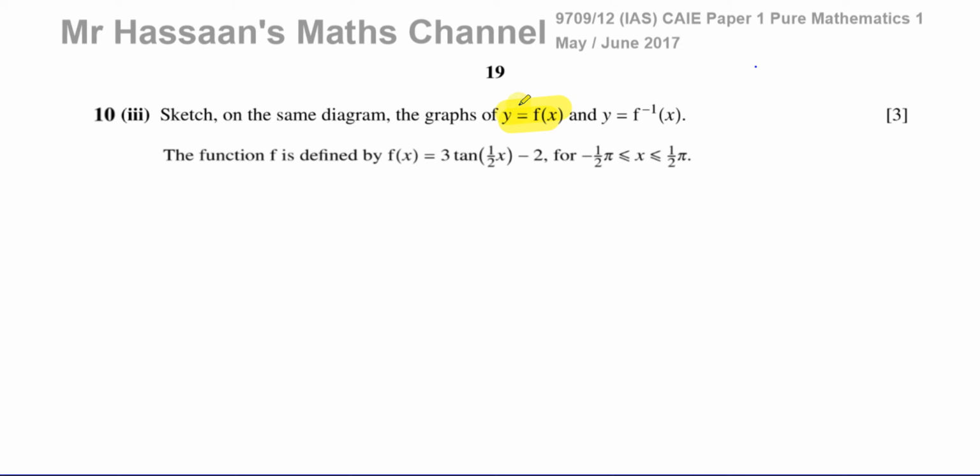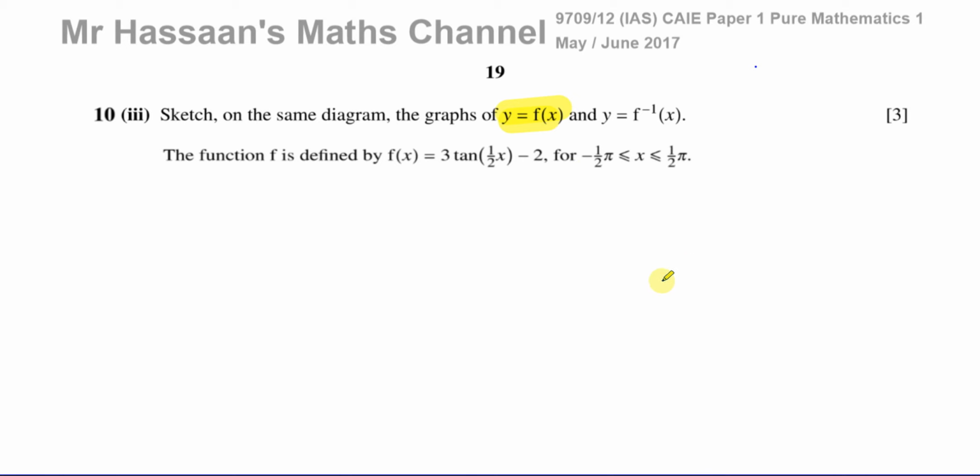I'm going to draw this function for these limits, and then work out its range. And then I'll write the answer down. The range of this function will be the domain of the inverse function. And then I'll sketch the inverse function, and then we'll be finished.